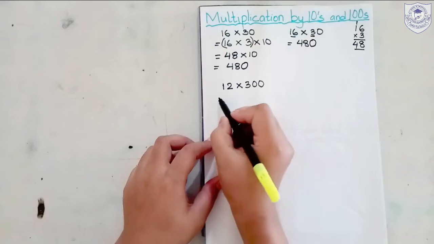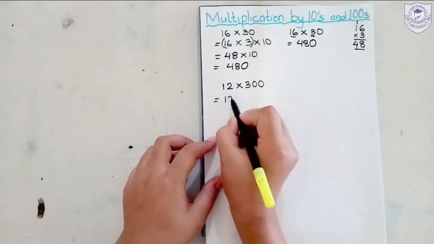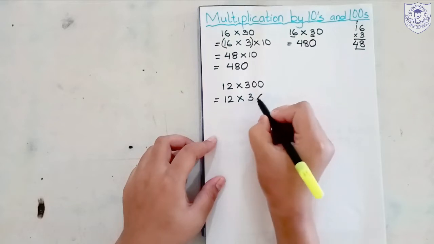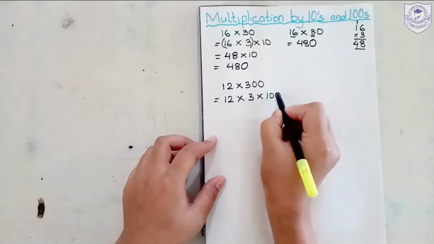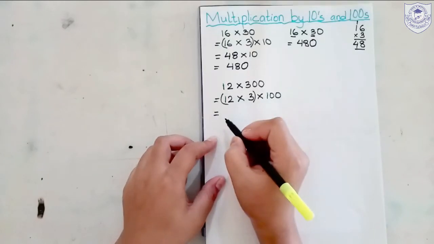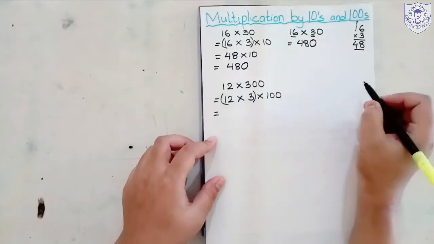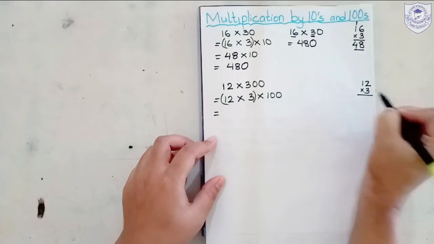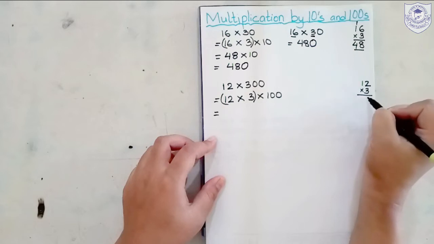Now let's multiply it. We write 12 here. We know that 300 is 3 into 100. After putting these two numbers inside the bracket, let's multiply and find the product. 12 into 3. How much? 3 2s are 6. 3 1s is 3.